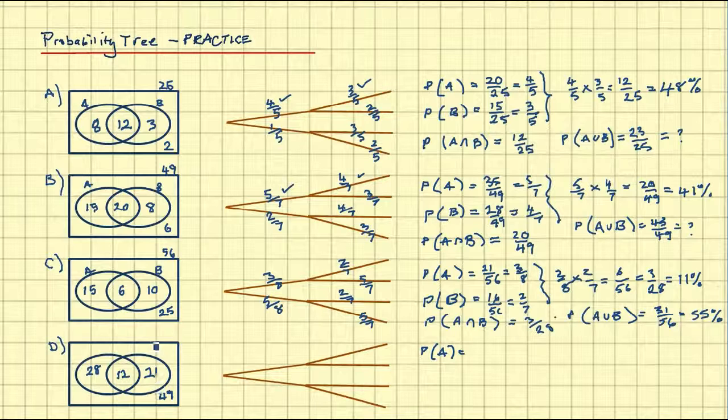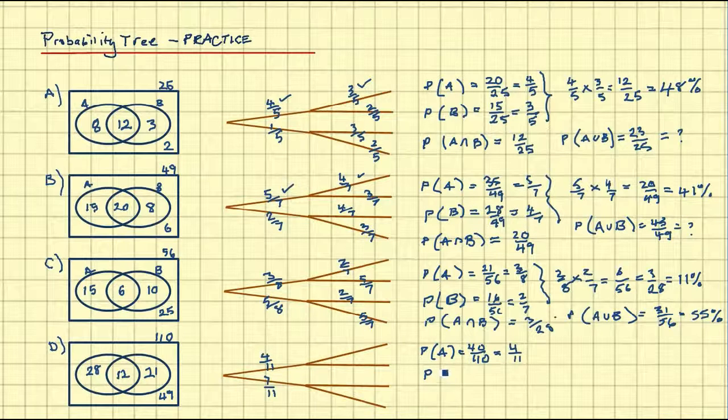So let's just add these up. 110. So it's 40 out of 110, which is 4/11. This branch then must be 7/11.